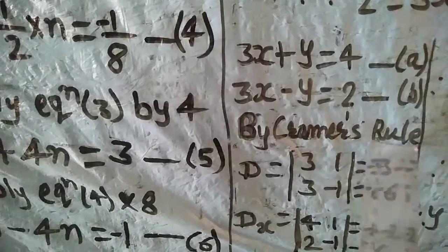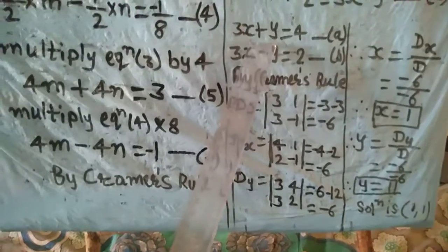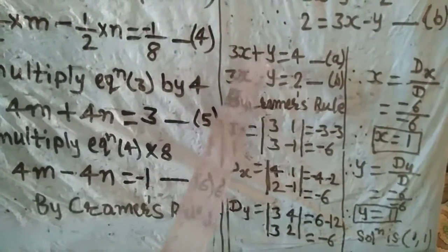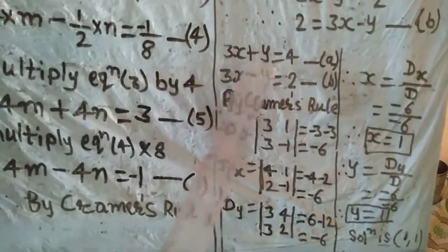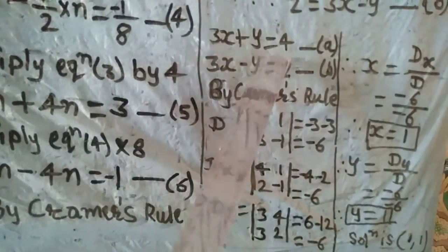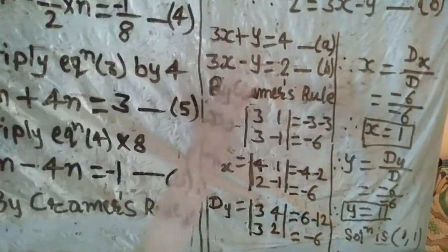By Cramer's rule, again find determinant d. Here you have to think about the coefficients of x and y. Coefficients of x and y are 3, 1, 3, minus 1. So d consists of the coefficients of x and y terms, that is 3, 1, 3, minus 1.